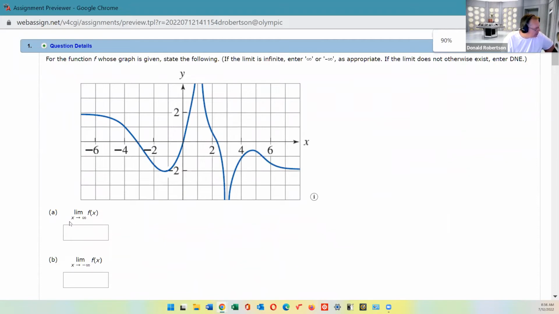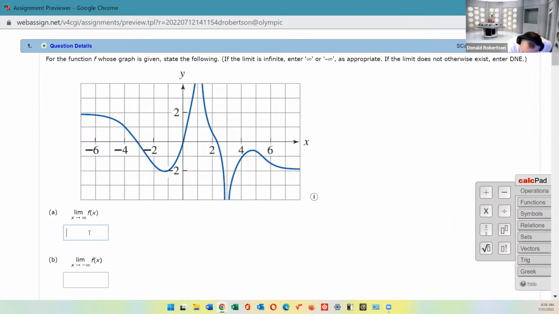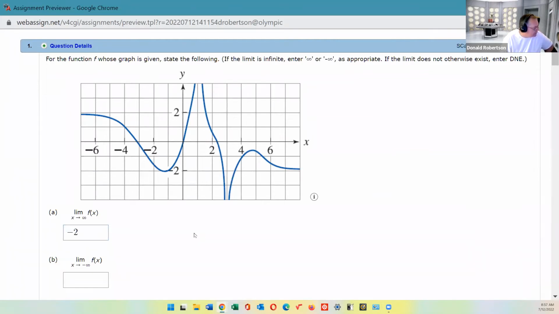This one is the limit as x tends to plus infinity. As you're going this way, would you agree it's going to level off at, I would say, -2. The limit as x tends to negative infinity. As you go in that direction, it looks like it would level off at +2.